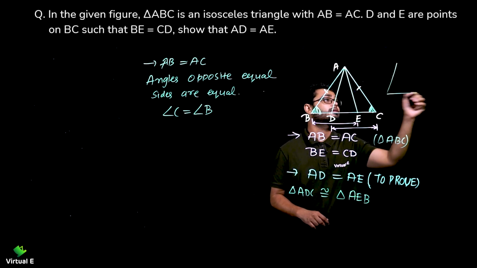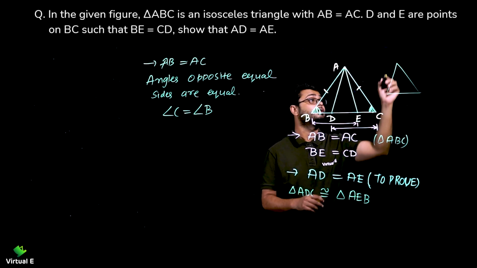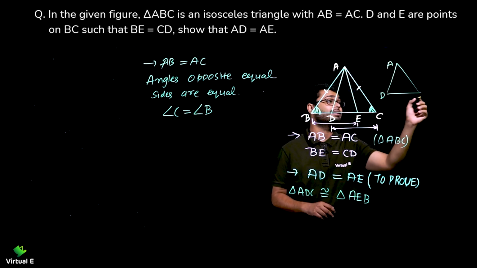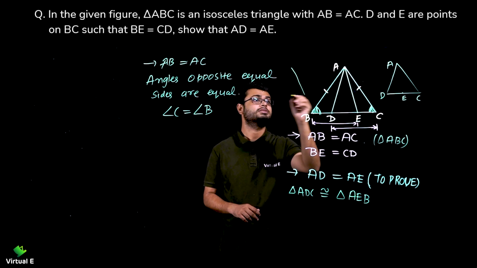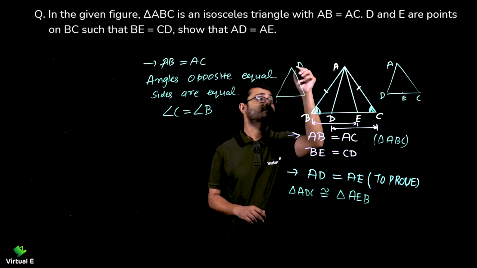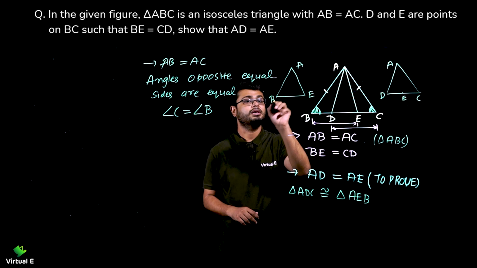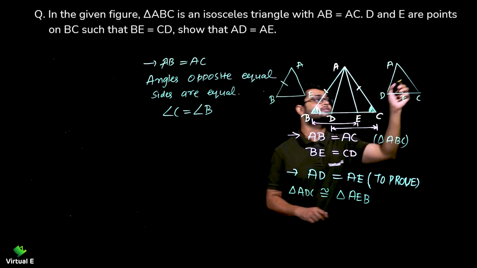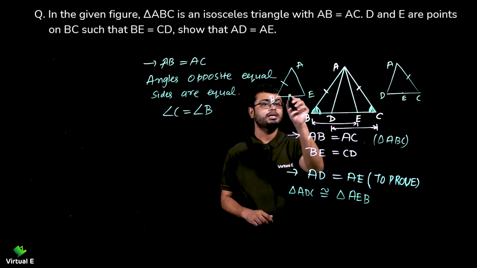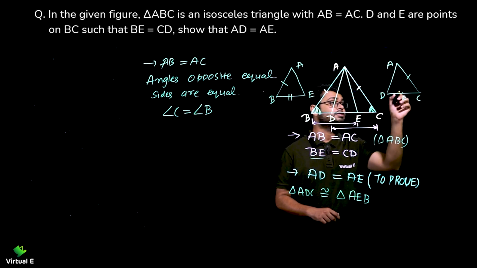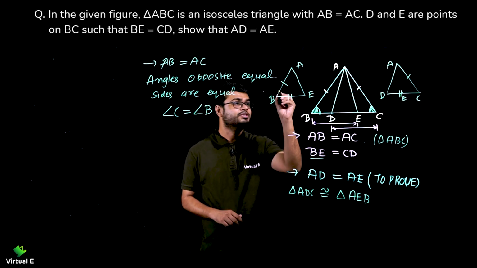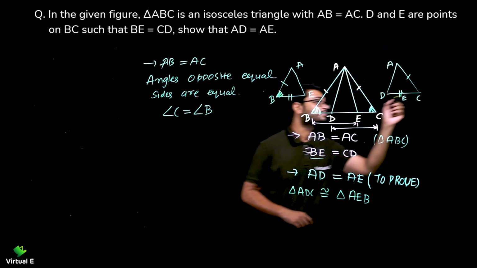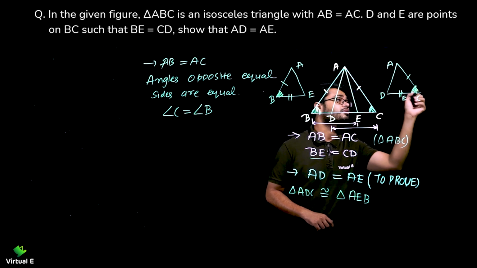Let's draw here triangle A, D and C, and another over here, triangle A, E and B. Now see, over here we have AB is equal to AC. Then we have BE, it's given BE is equal to DC or CD. And one more thing we proved: angle B is equal to angle C.